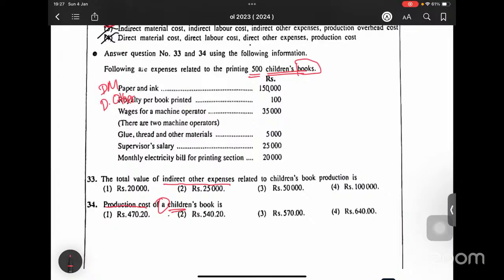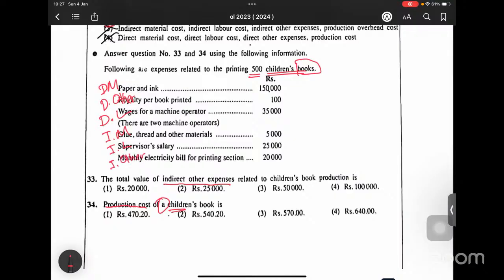Direct, yeah, that is direct labor. Glue, thread and other materials: indirect material. Supervisor's salary: indirect labor. Monthly electricity bill: indirect other.